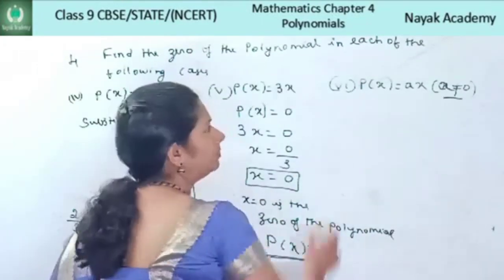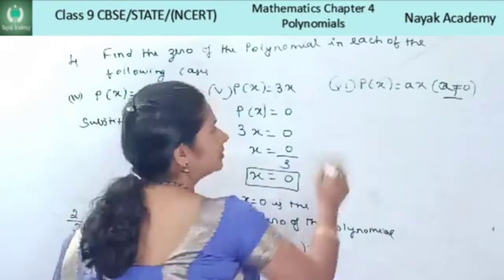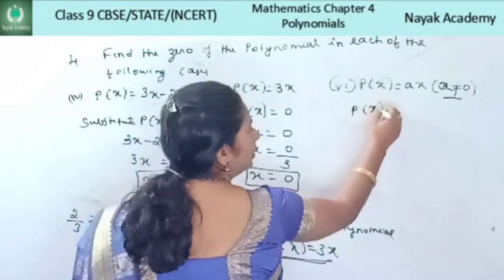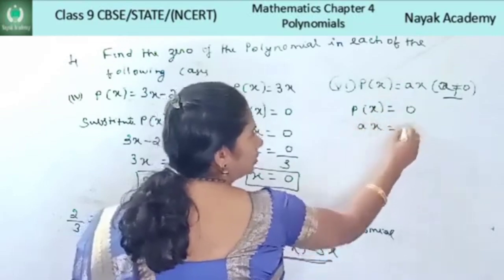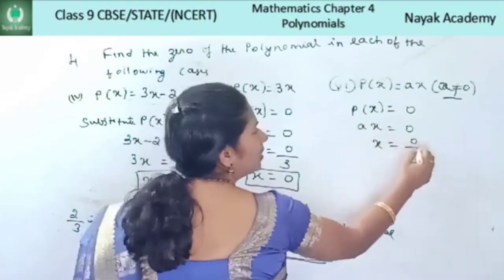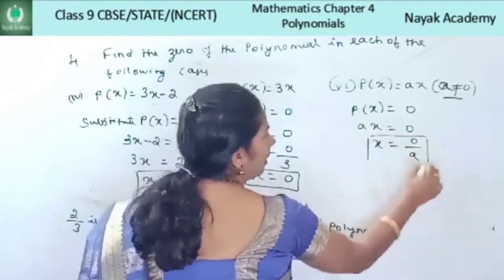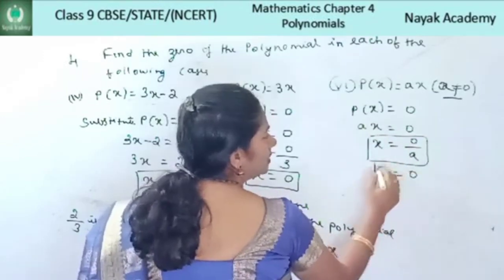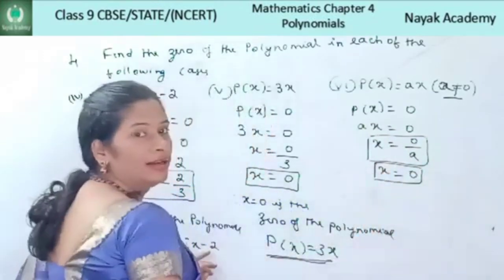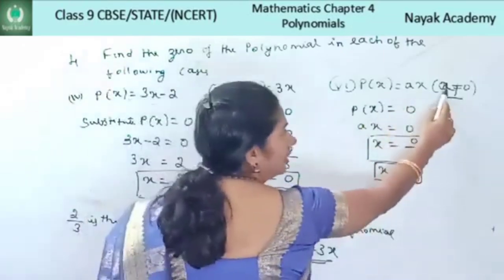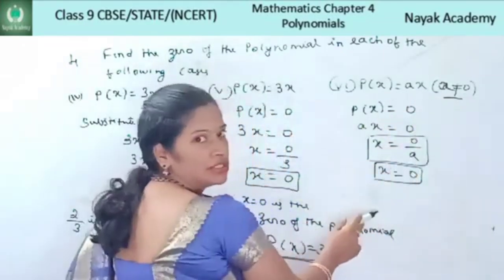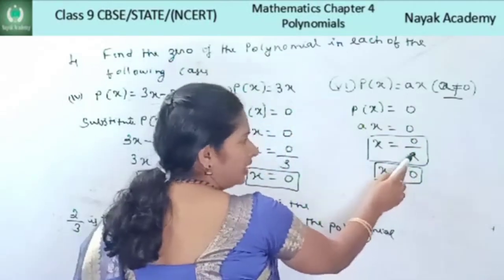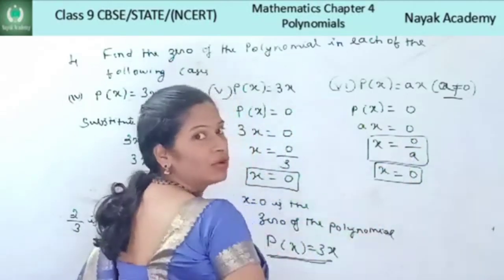Coming to the sixth problem, p of x is equal to ax. Substitute p of x value as 0. Px value is ax is equal to 0. X value is 0 divided by a, and this value is x is equal to 0. Now the condition is that a should not equal to 0. So what happens if a equal to 0, children? If a equal to 0, 0 by 0, it is not defined.